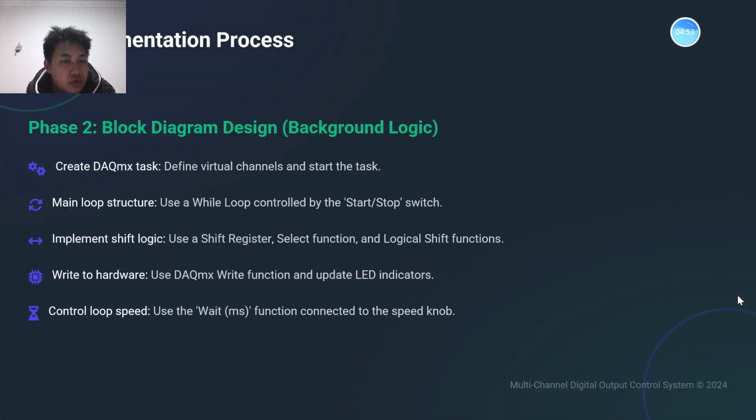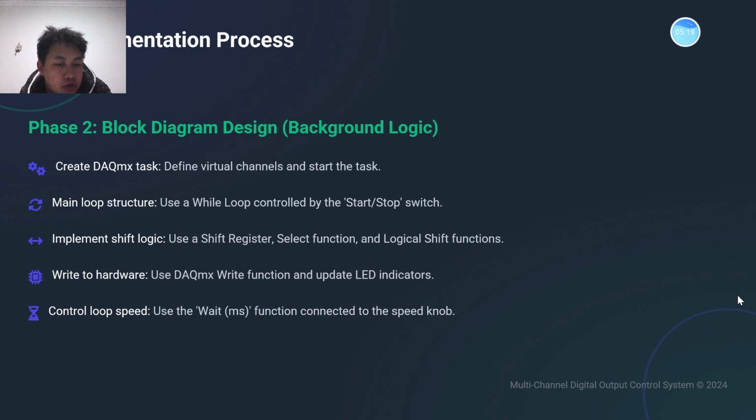Then we should know the implementation process. Part 2, block diagram design. We create the task, define virtual channels, and start the task. Main loop structure using a while loop controlled by the start-stop switch.